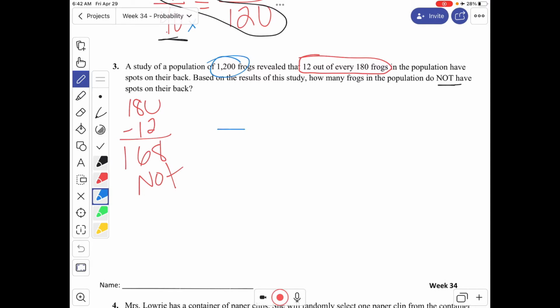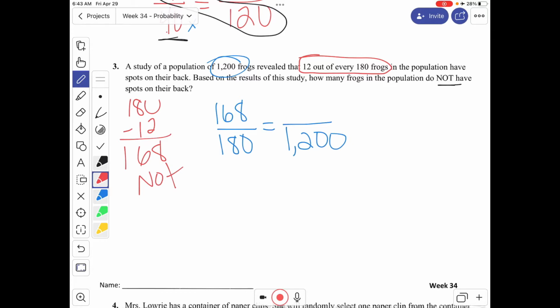And then you're just making a prediction, and for a prediction, we set up a proportion. So 168 out of 180 do not have spots, and we're predicting for 1,200. If you know what you're going to do to 180 to get to 1,200, you could just multiply. You might think about maybe simplifying the fraction.